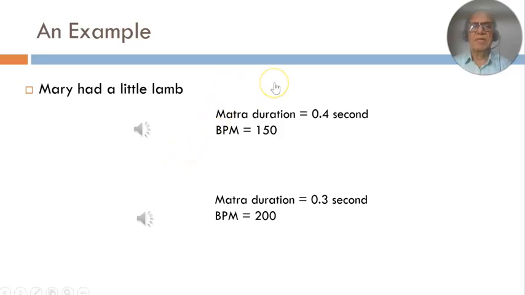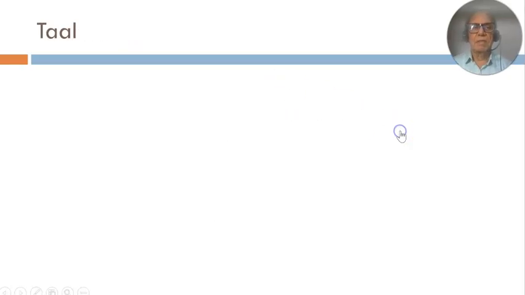Alright. So that was the demonstration of rhythm at the beat level. Let us now go to the other levels, but in order to understand the other levels, we need to understand a term called tal, which is of course a term defined in Indian music, although we shall see parallels to Western music also.